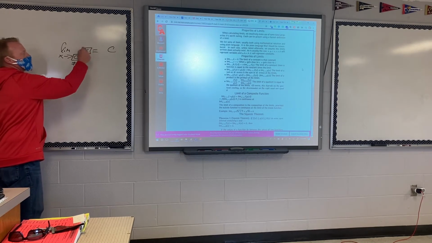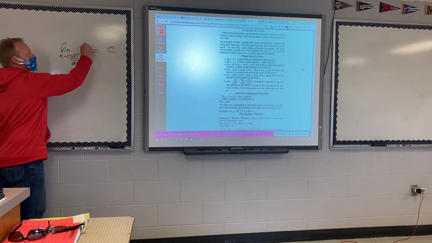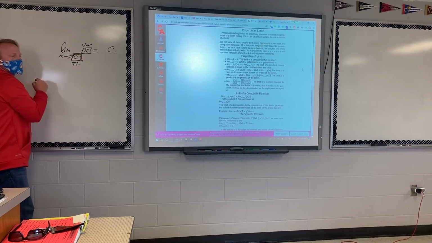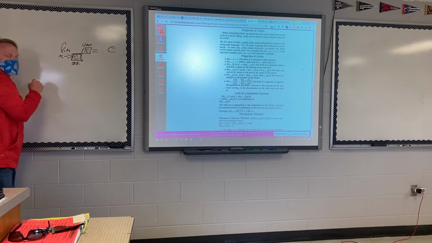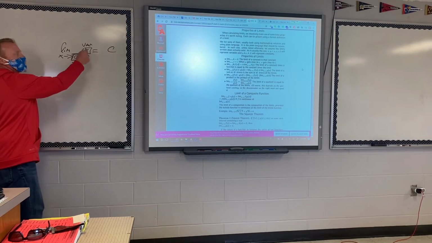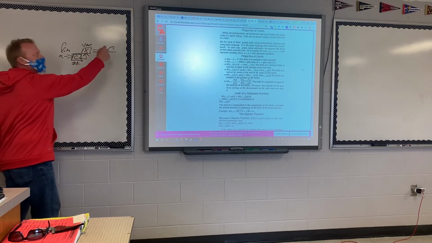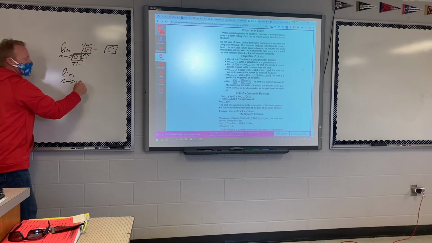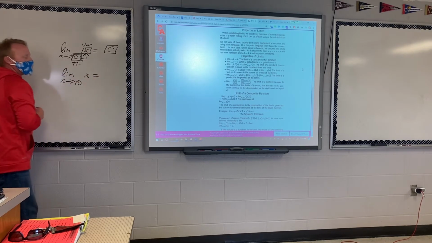What does x represent? That's a variable. So if I have a variable, what am I supposed to do with c? What's the number one rule? Plug it in. So when I plug c into x, what do I get? I get c. So limit as x approaches 10 of x, what's that limit going to be?